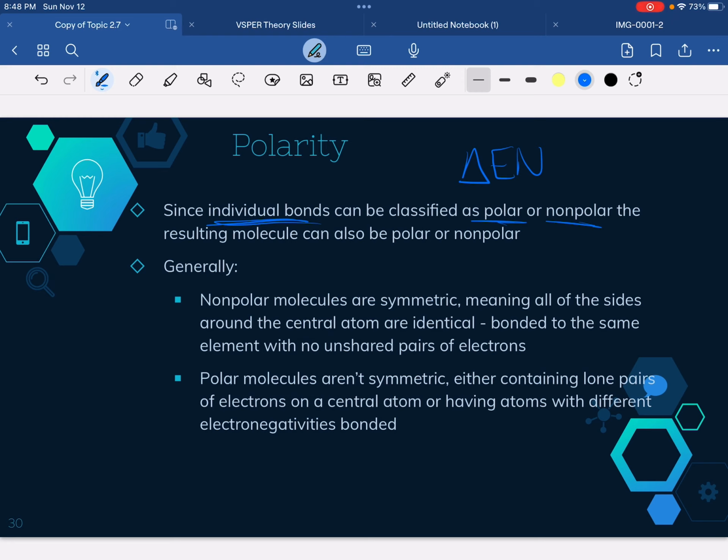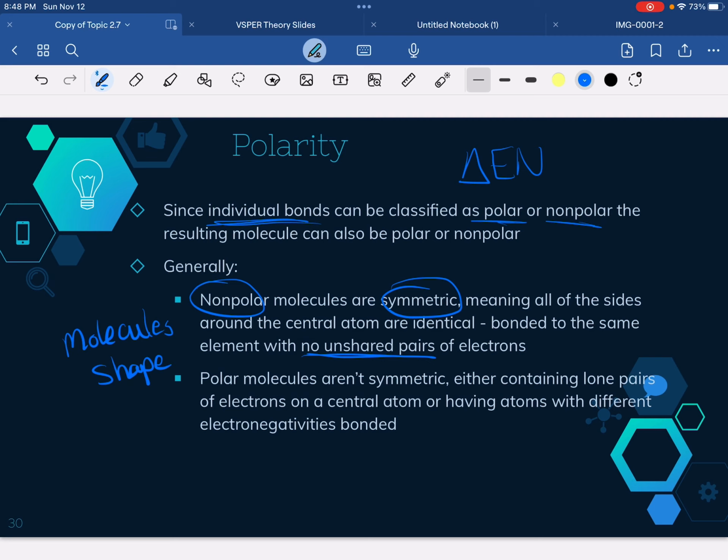In general, molecules, though, can also be polar or nonpolar, and this is due to the shape. If all of the atoms are the same, so they are symmetric around the central atom, and there are no unshared pairs of electrons, you will have a nonpolar molecule.